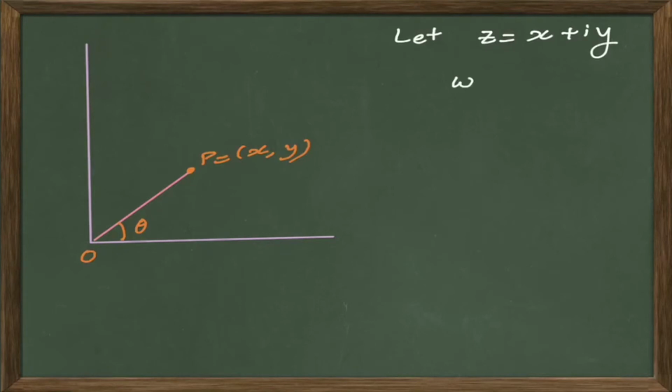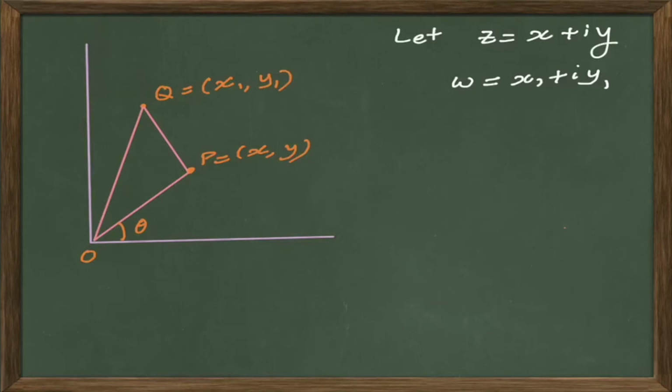Now if w is another complex number x1 plus i y1 and Q is the point that represents w, then the argument of the complex number z minus w is nothing but the angle that the vector QP makes with the positive x-axis.